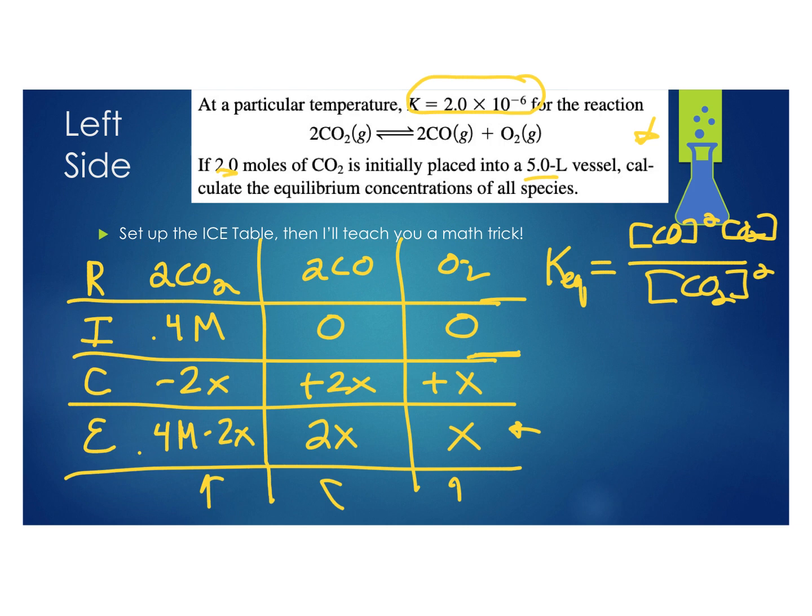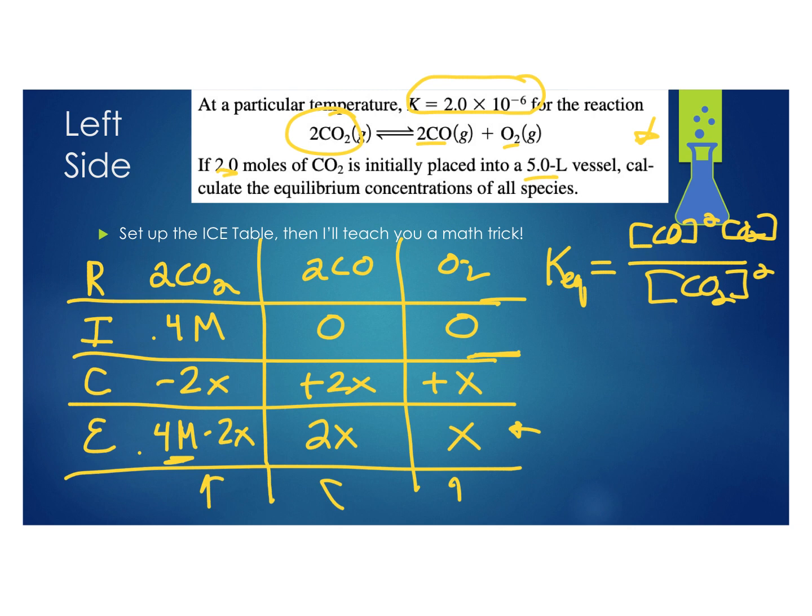And so what does that mean? Well, it means that when this reaction happens, the amount of the chemical that actually goes over is going to be really small relative to the 0.4 molar that began. So yes, the reaction is going to move forward in some way, but the amount of CO2 that turns into CO and O2 is going to be really minor.